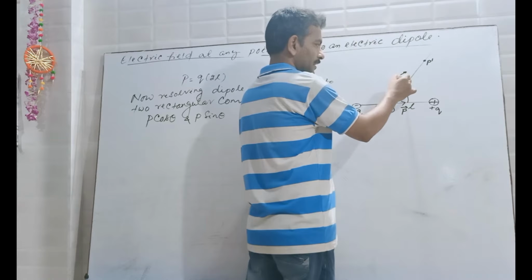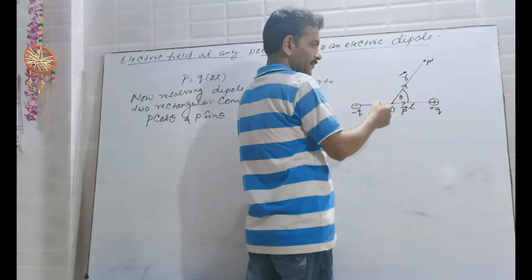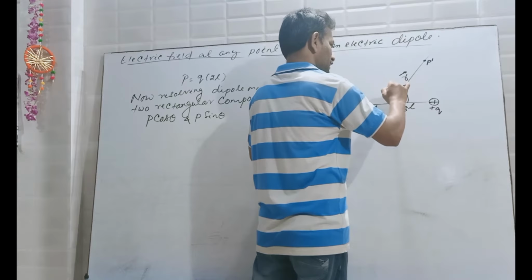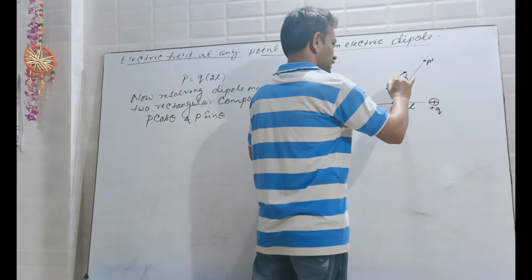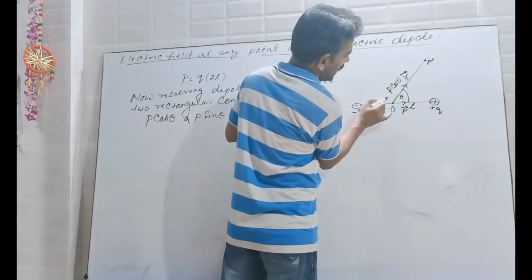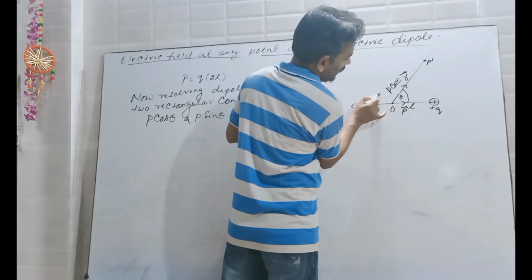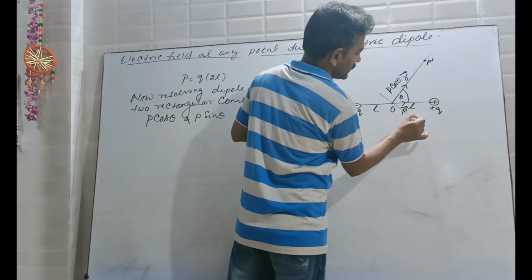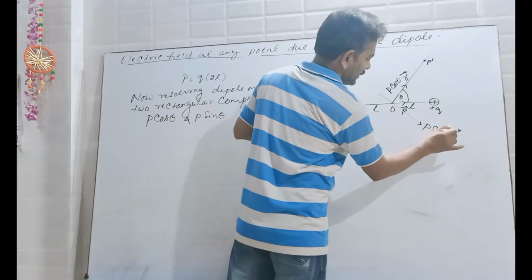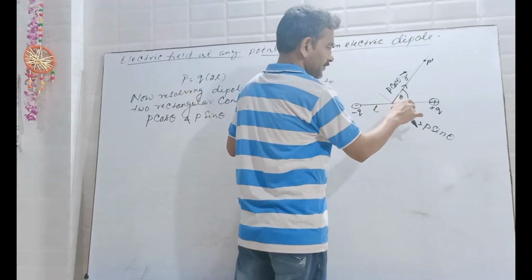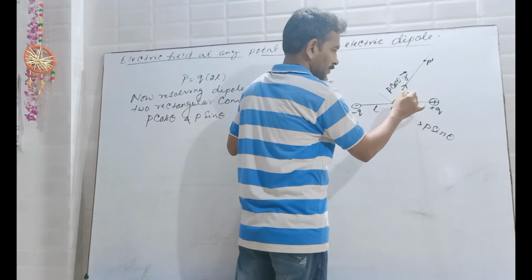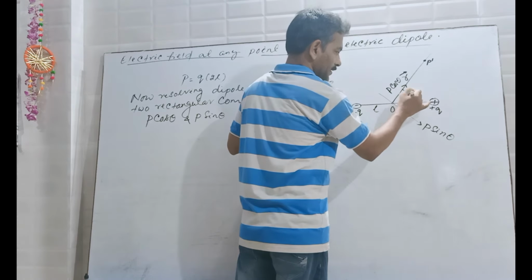So the P cos theta component will be along the direction of R vector. And perpendicular to it, that means perpendicular to P cos theta, another component will be P sin theta. This is your P vector.